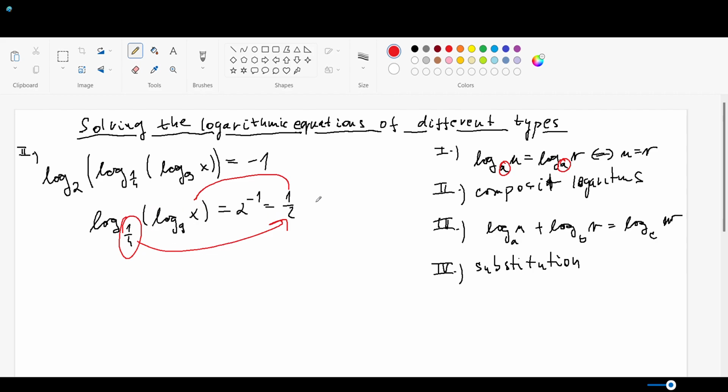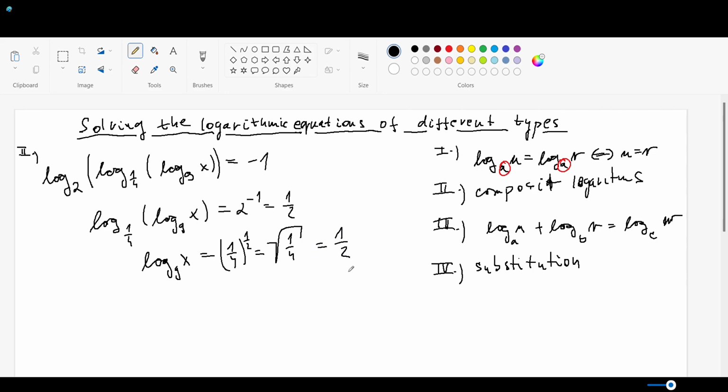Okay, and this means that our equation is going to look like this: log base 9 of x is equal to 1/4 to the power of 1/2, which we already know from the exponents is going to be the square root of 1/4. Okay, and it means it's going to be 1/2.